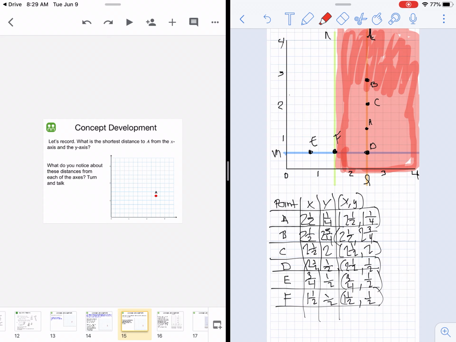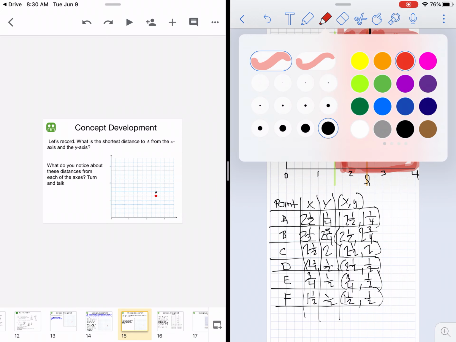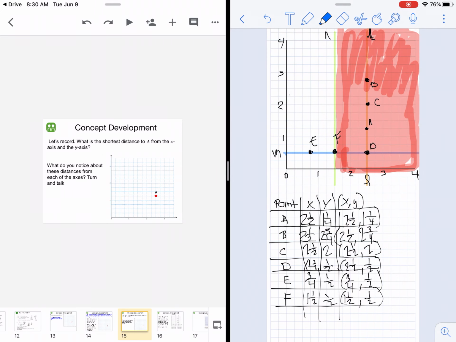Show your neighbor the portion of the plane that is less than 2.5 units from the y-axis. So everything on the left side of line L. Now we're going to shade everything to the left of line L with blue.